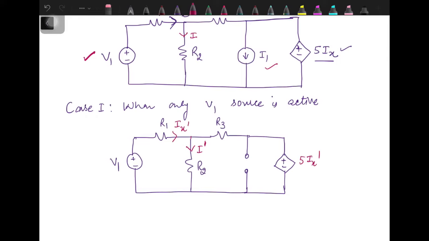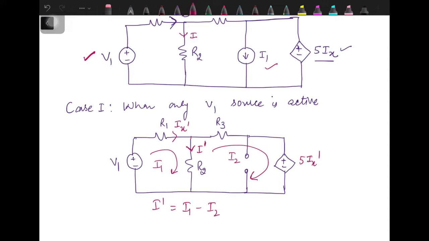If we go with mesh analysis, then we have to write two mesh equations, first mesh, second mesh, and then we have to find out the resultant current I dash. If I say this is current I1, this is current I2, then we need to find both I1 and I2, and I dash will be equal to I1 minus I2. Now how to write these two equations? That is same as which we had done earlier.